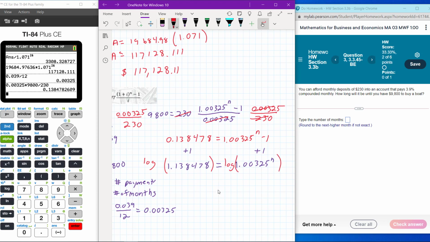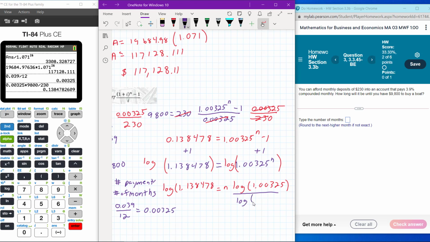And the power property of the common log tells me that I can write the right-hand side as n times the log of 1.00325. On the left-hand side, I'm just going to simply have the log of 1.138478. Okay, and now I can divide both sides by the common log of 1.00325.